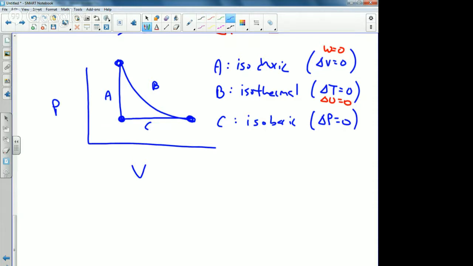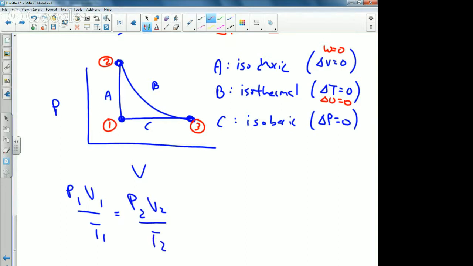But if I want to talk about it in terms of PV over T, don't forget you can always use PV = nRT for a PV graph if you know the number of moles. Otherwise, you could always do PV over T equals PV over T. So this was location 1, 2, and 3. I could do P1 V1 over T1 equals P2 V2 over T2.